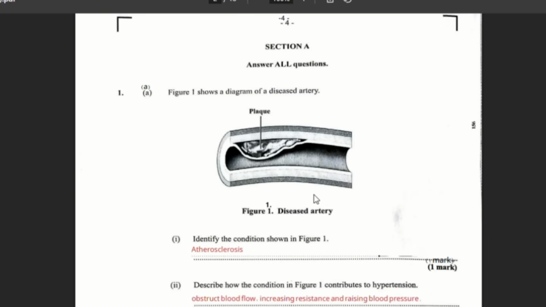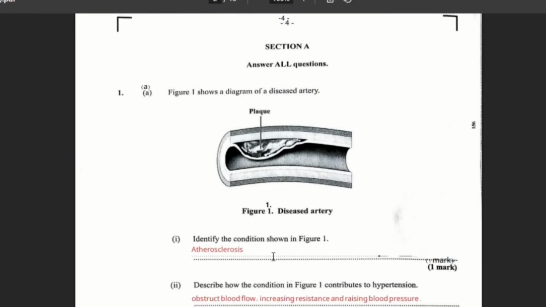So obviously what we see here is an artery, right? It brings blood away from the heart at high pressure. And what we have here specifically that's going to tell us what kind of disease is the plaque. As you can see, the plaque literally builds up, and plaque is like a mixture of different things, for example cholesterol and all that stuff that gets stuck in the arteries, and it can cause this condition called arteriosclerosis.